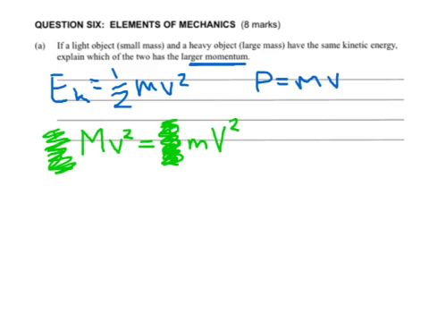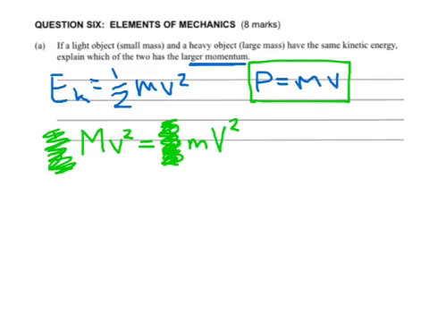Then you can see which one has a greater proportion of those variables present. There might be a constant which is larger in one of them, which will indicate a larger momentum, or there might be a square or a square root or something like that. So that's what we're aiming for: the momentum in terms of the same variables.